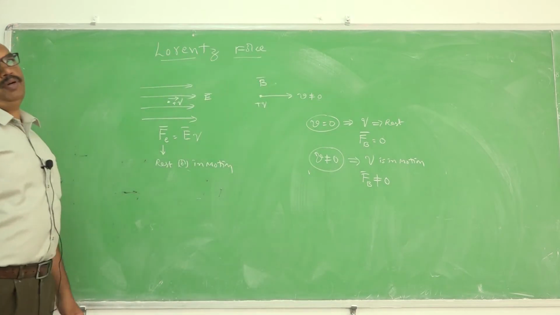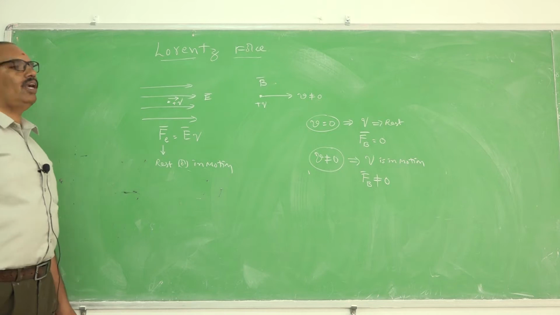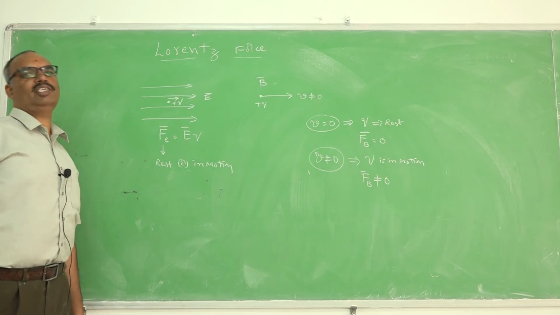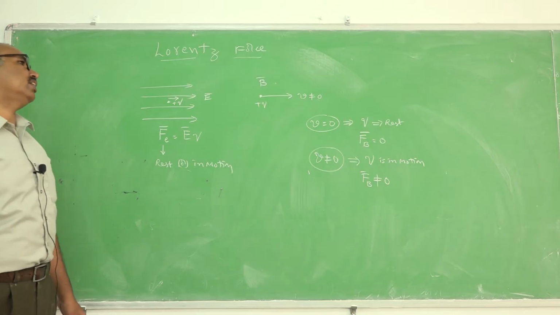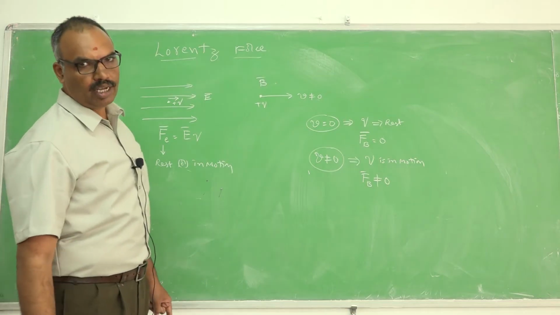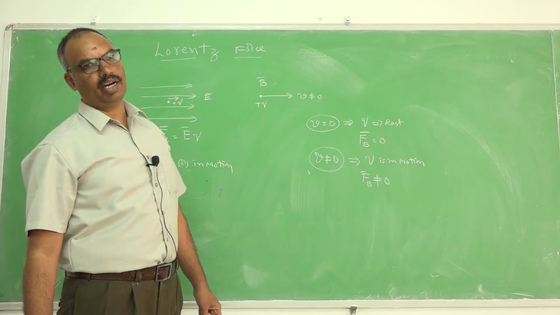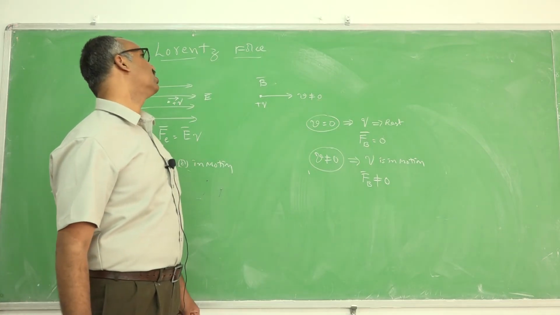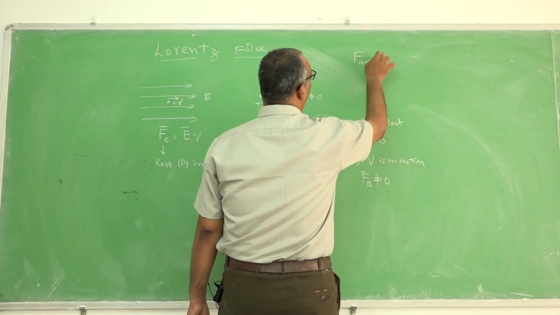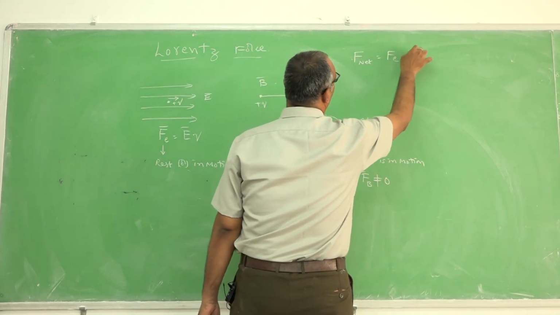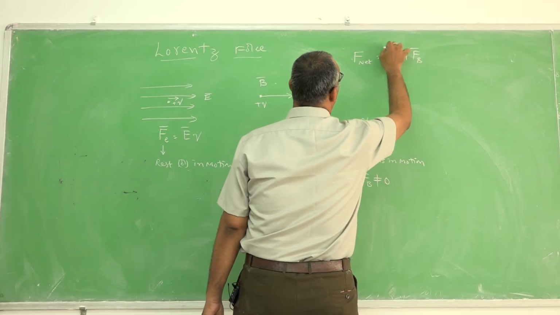If you keep electric field and magnetic field simultaneously in a particular region, and you make a charged particle move in that region, the net force experienced is given by the force due to the electric field as well as the force due to the magnetic field.